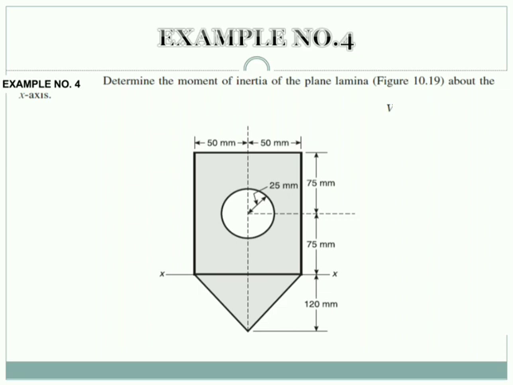Directly about that x axis, we have to find the moment of inertia. There is no requirement of finding moment of inertia about the y axis. So the example becomes easy.